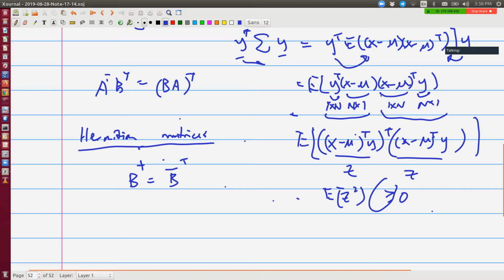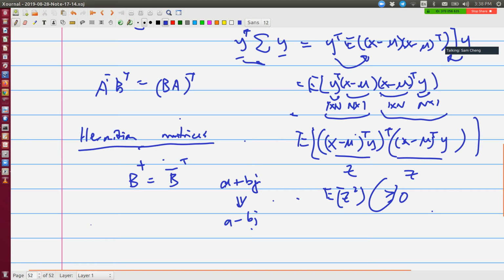Sometimes people denote this as the Hermitian of a matrix; it basically means taking the complex conjugate and then the transpose. For each element, if it is a complex number, say A plus Bi or A plus Bj, that will change to A minus Bj. That is the complex conjugate. So the Hermitian operator operating on the matrix is just taking the complex conjugate and transpose.